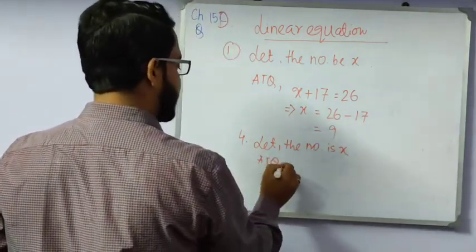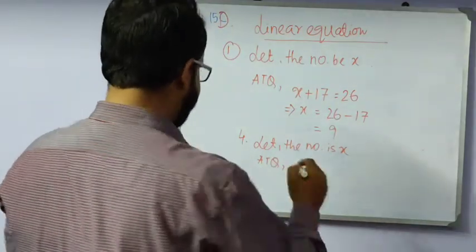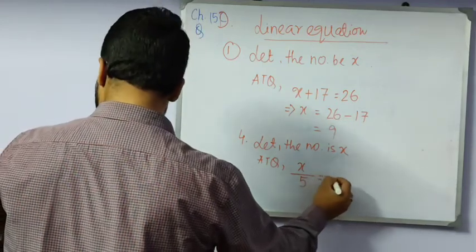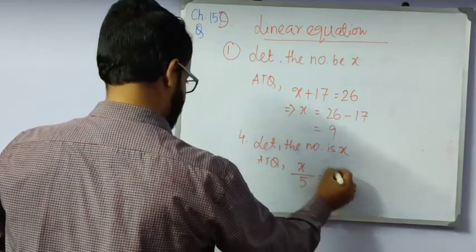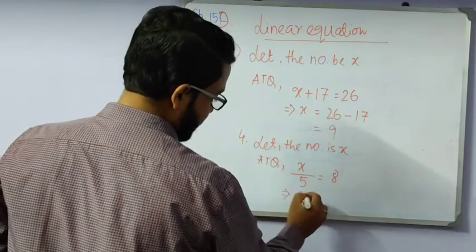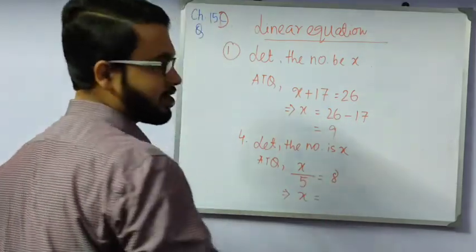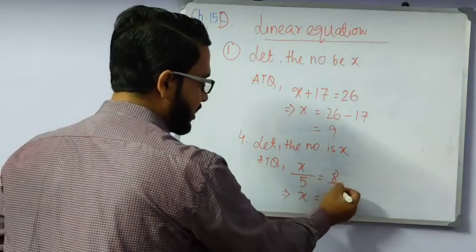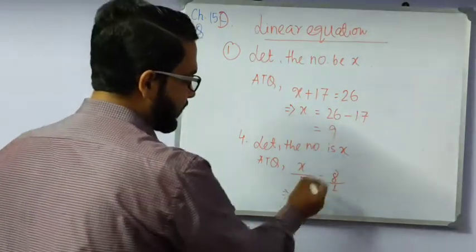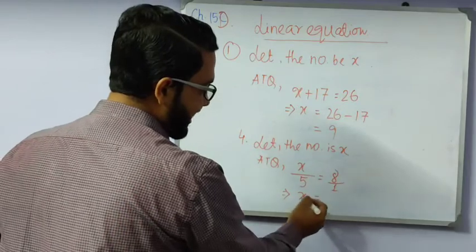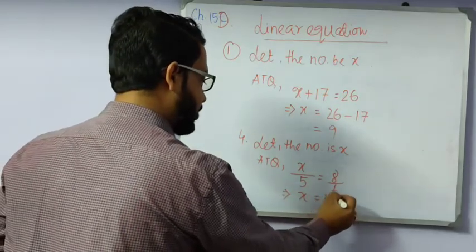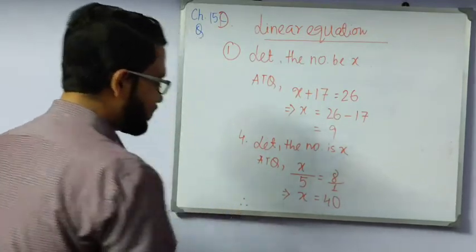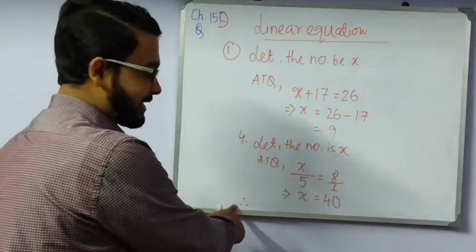So according to the question, the number divided by 5 gives 8. So x over 5 equals 8, no addition or subtraction here. So we have to cross multiply these two sides by assuming 1 is here. So x into 1 means x and 8 into 5 means 40. And last, because this is a word problem, we have to write the answer here.